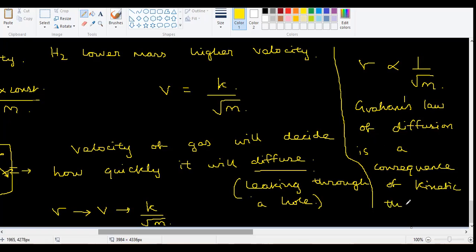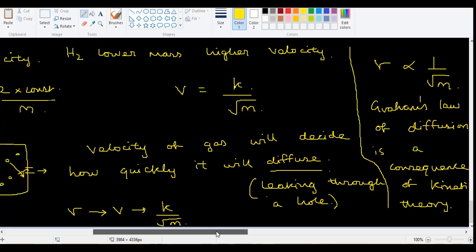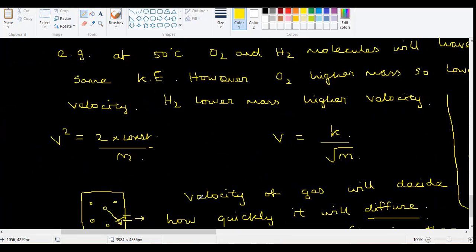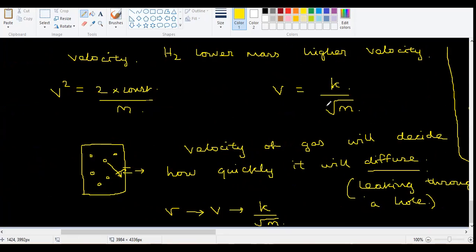From kinetic theory, we are able to deduce Graham's law of diffusion. Anybody not following? We are saying V is inversely proportional to root m, but rate of diffusion depends upon the velocity.